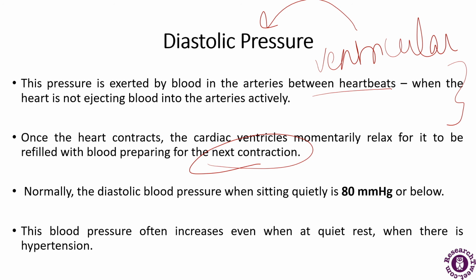The blood pressure at this time is referred to as the diastolic blood pressure, and the diastolic blood pressure when sitting is nearly around 80 mmHg or below. This blood pressure often increases even at quiet rest or when there is hypertension.